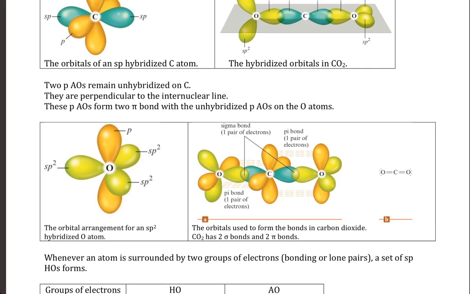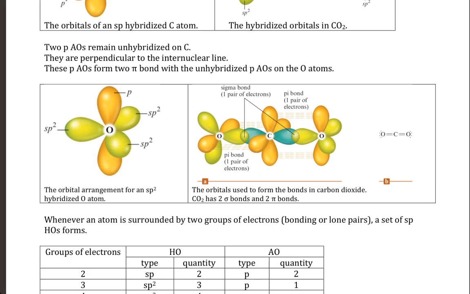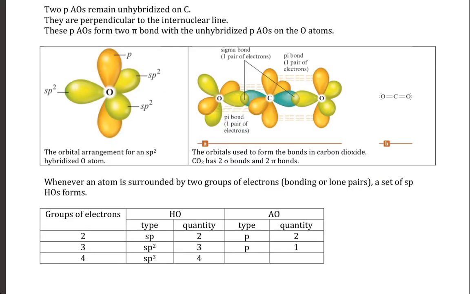Alrighty, so 2 p atomic orbitals remain unhybridized on C, and there's also a p atomic orbital on each oxygen. The p atomic orbitals on carbon are perpendicular to the internuclear axis. So that's in our diagram here. We have oxygen, showing its p atomic orbital and its 3 sp2 hybrid orbitals.